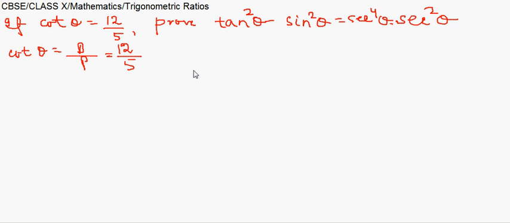Now let me draw a small triangle that shows perpendicular to be 5, base to be 12. As we are talking about a right triangle, I can name this ABC. It is right angled at C.